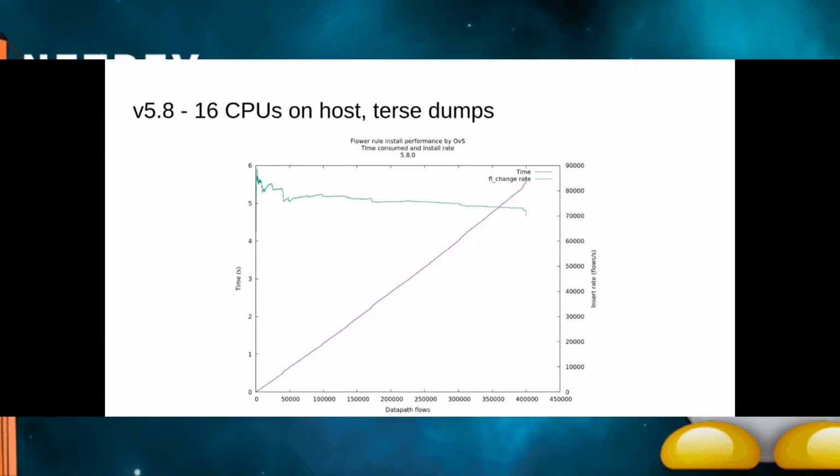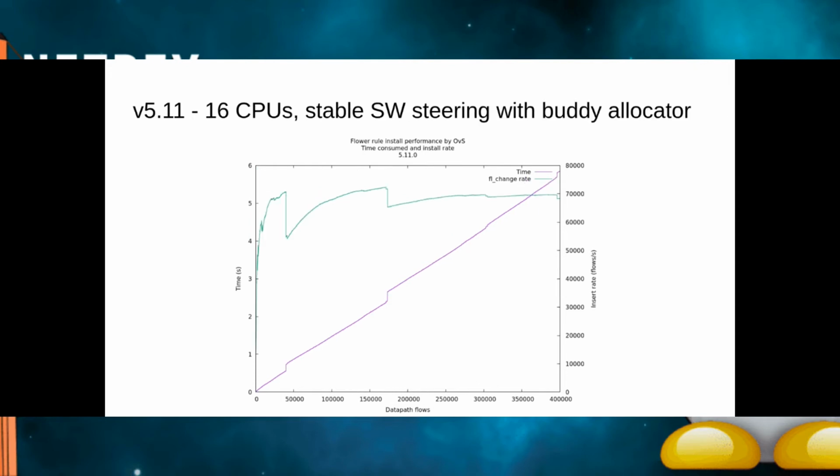On 5.8, that has support for parallel dumps, it's not much visible on how fast it can learn, because now we can learn in parallel with the dumps. On 5.11, with a more stable software steering that has support for a buddy allocator, 7,000 flows per second.